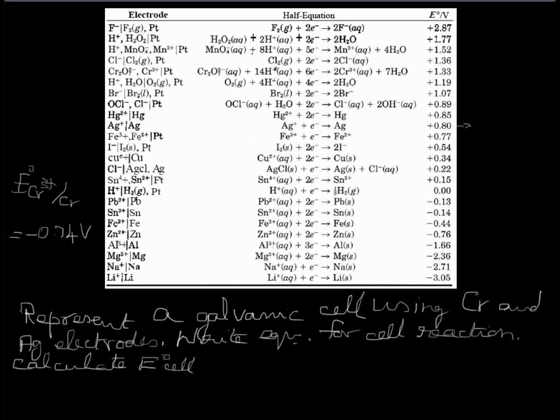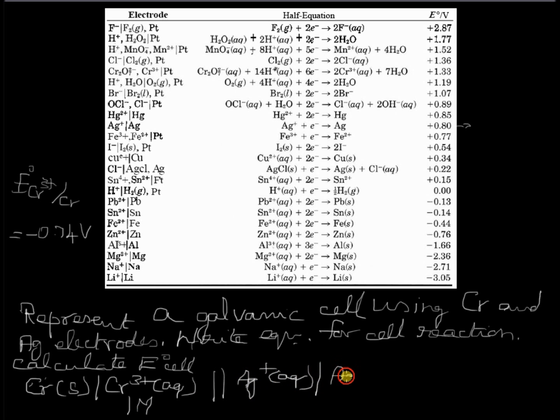Looking at the values, now you know which one should be the anode. So let us write the representation. We will have chromium as the anode, Cr(s)|Cr3+(aq, 1 M) || Ag+(aq, 1 M)|Ag(s).